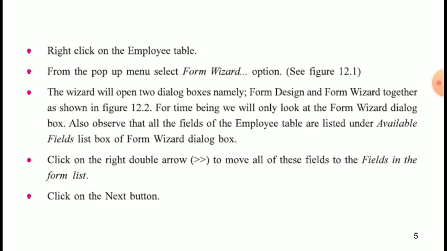Also observe that all the fields of the employee table are listed under the available fields list box of the form wizard dialog box. Click on the right double arrow to move all these fields to the fields in the form list. Click on the next button.